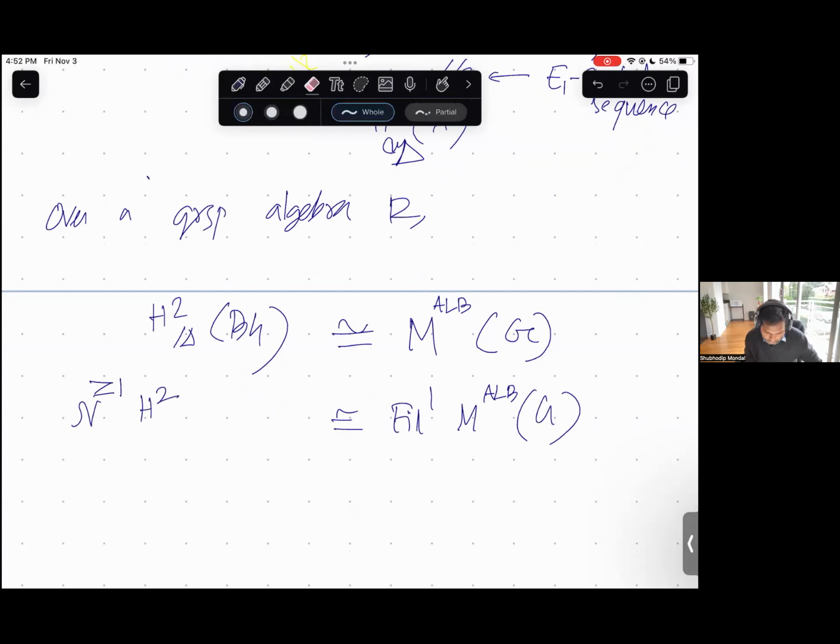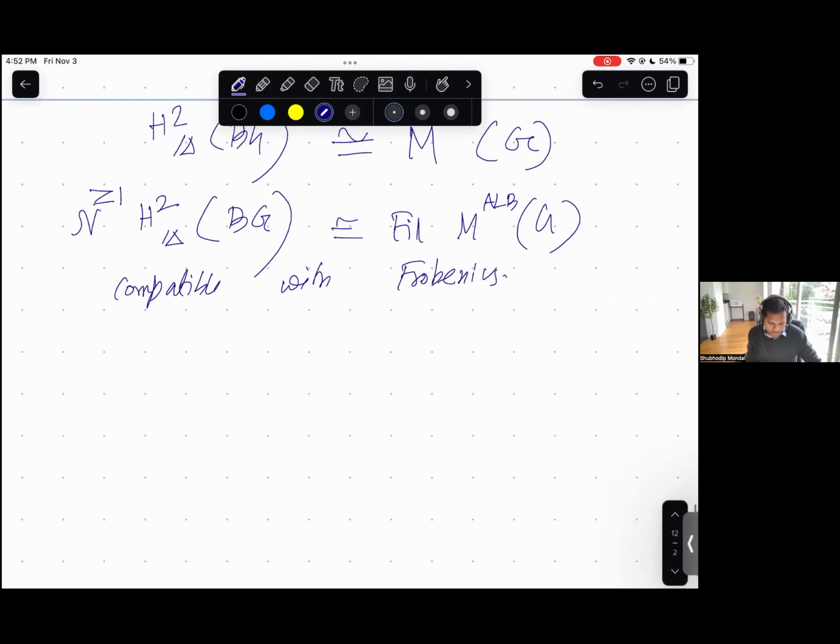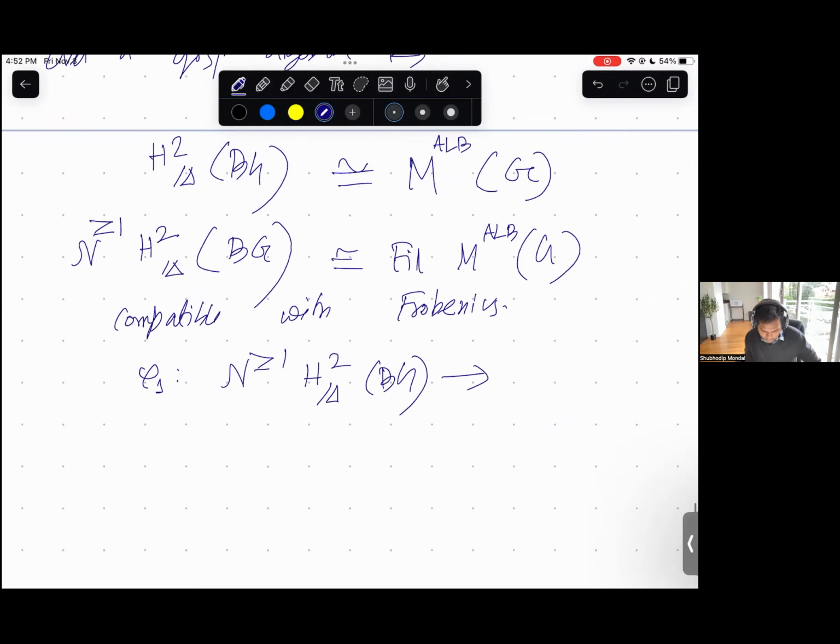Sorry, I think here it's just called Fil, there's no one. So this gives the Fil one, and it's also compatible with the Frobenius on both sides. And you also get some divided Frobenius map, which comes from the general formalism of divided Frobenius in prismatic cohomology.